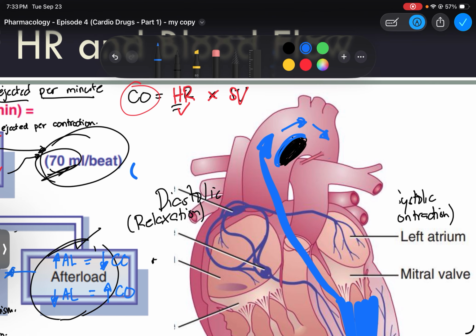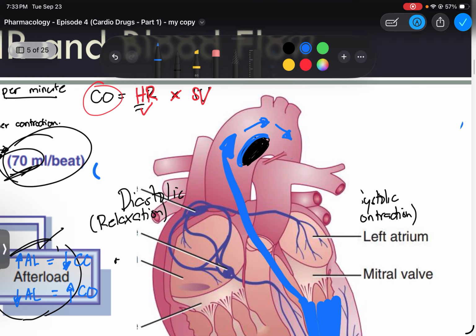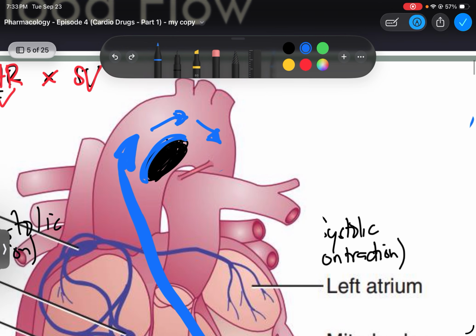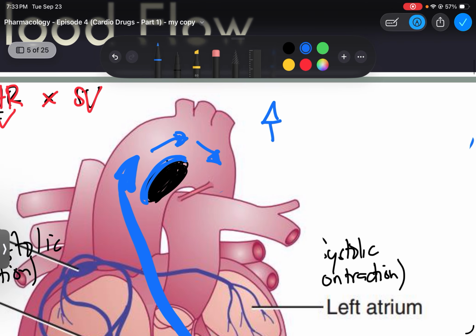This is what I mean by resistance. It is a resistive force, something that is blocking the blood flow.